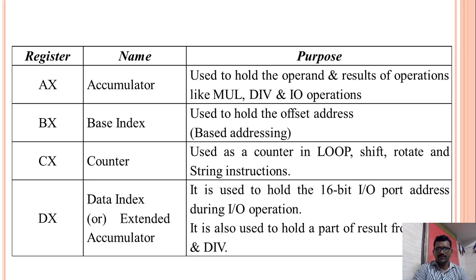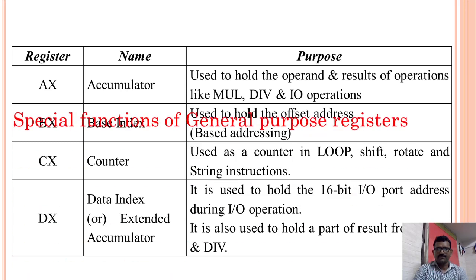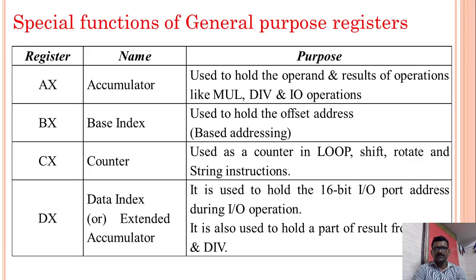CX is used as a default counter to perform loop, string, and rotate operations. DX is called data register, and it is used to hold 16-bit IO port address during IO operations. It is also used to hold part of the result from mul and division operations. That is the special functions of general purpose registers.